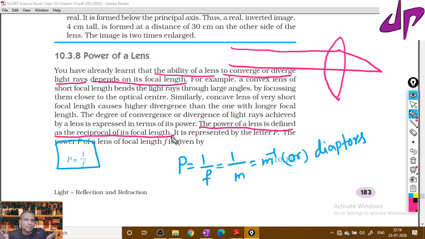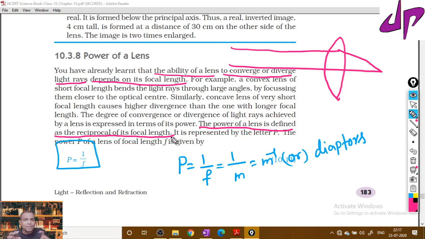Suppose you are focusing on Jupiter from the surface of the earth, just imagine how far a distance you have to catch. So the instrument you are using should have high powered lenses, in simple language.